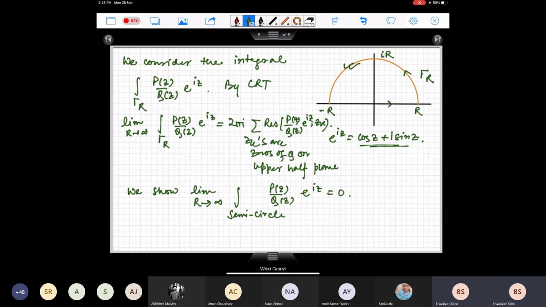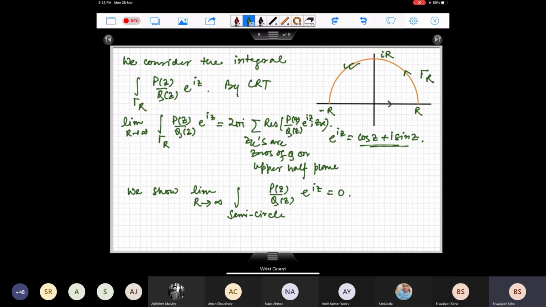If that's the case, then this is only the integral over the real line, and on the real line, e^(ix) is cosine x plus i sin x.